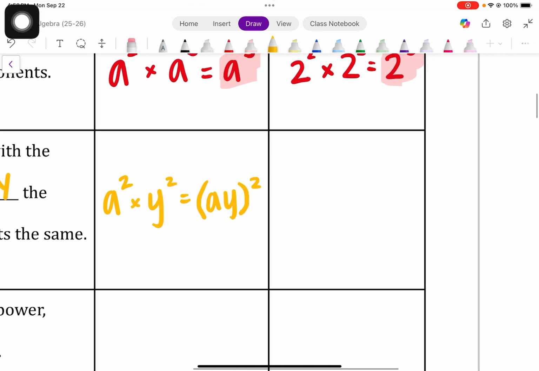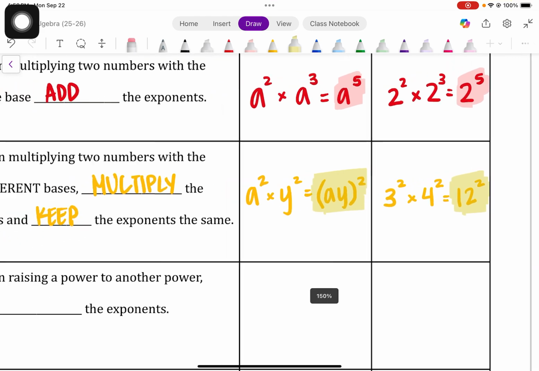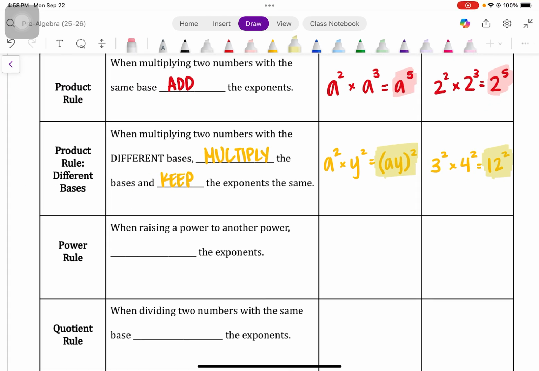Or if we were using numbers, 3 squared times 4 squared equals 12 squared. So your examples can look different, as long as they are the same kind of examples, we should be on the right track.